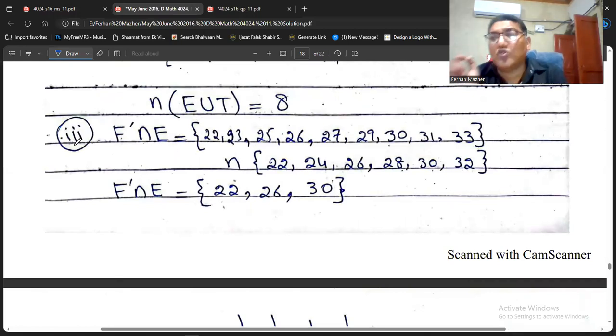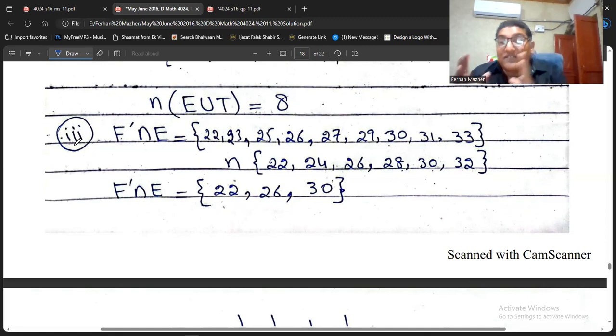F complement means those members which are in the universal set but are not in F. So they are 22, 23, 25, 26, 27, 29, 30, 31, 33.